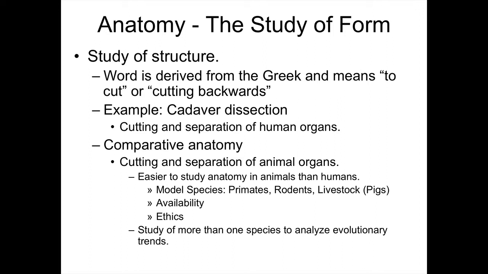Comparative anatomy goes over the anatomical comparison between animals and human beings. It's a lot easier to get animal specimens than it is to get human cadavers. So, basic principle: anatomy is a study of structure and the study of form.